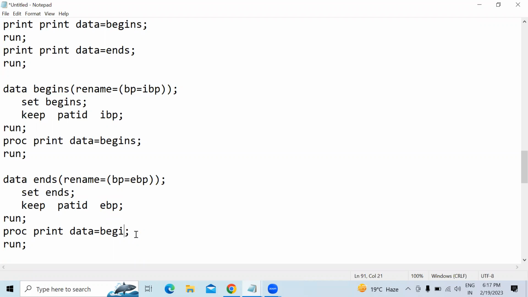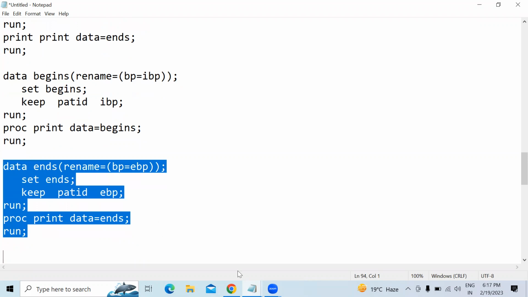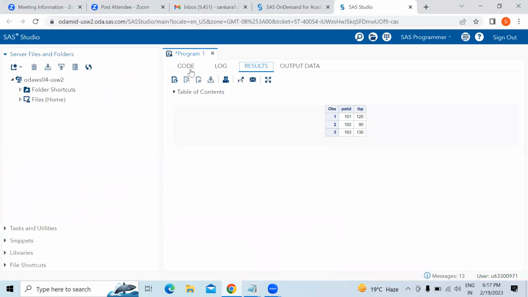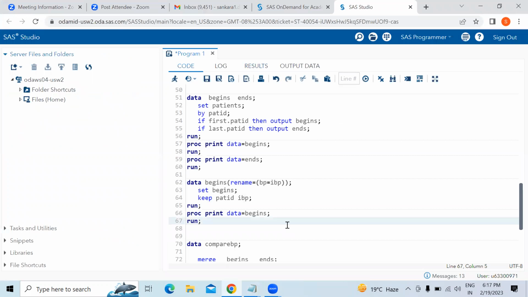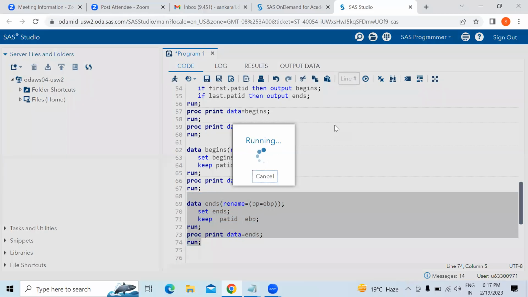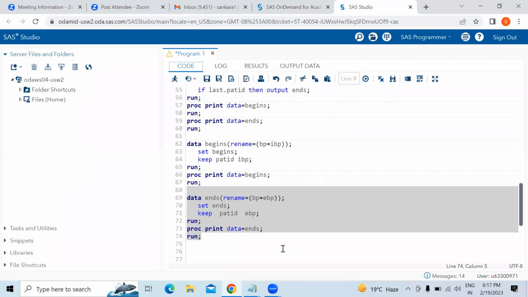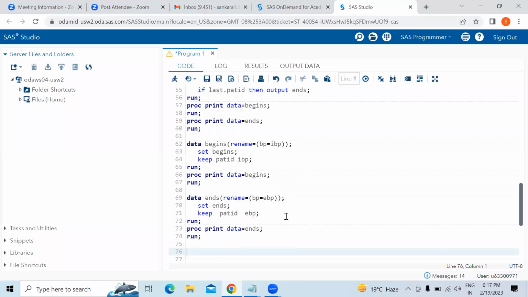Keep the same data set. Now run this part, only the ends. You should see two columns, only two variables displayed: patient ID and EBP. No, only patient IDs are displayed.